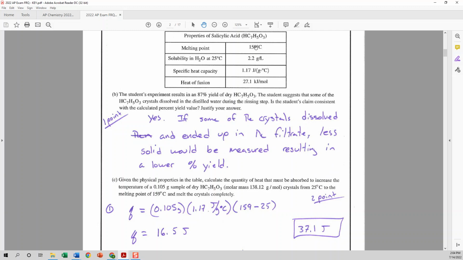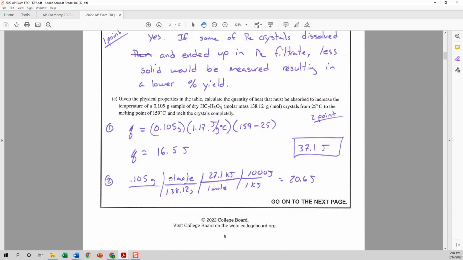But then we have to use the molar heat of fusion, which they give us right here, to go from all of it as a solid at the melting point to all of it as a liquid at the melting point. If you can envision a heating curve, that kind of staircase diagram, we heat it up to the melting point, and then we go across that first plateau to completely melt it. So that's two calculations we need to do.